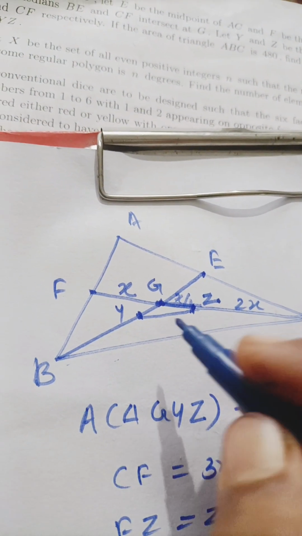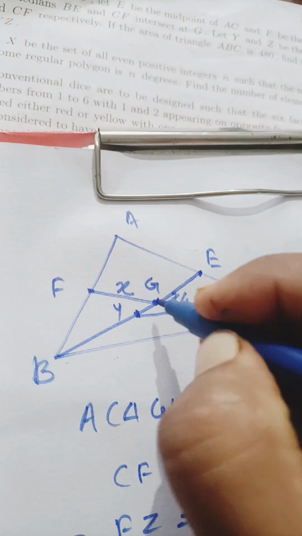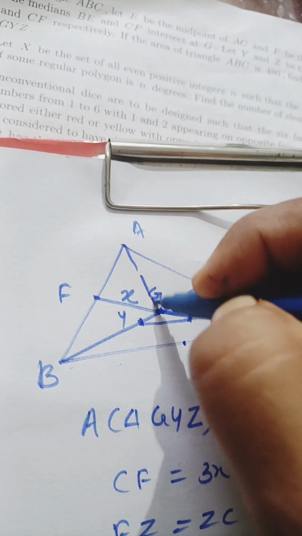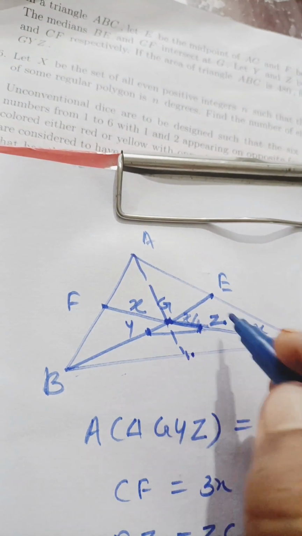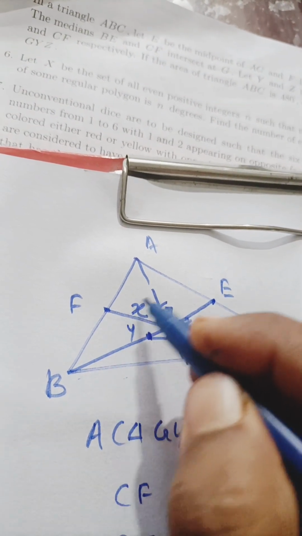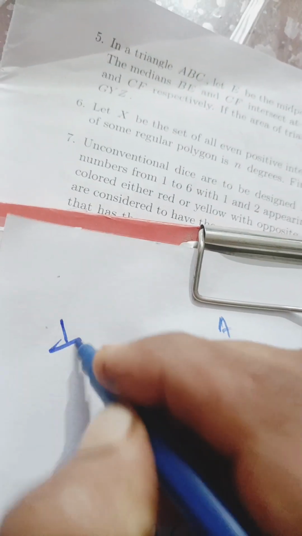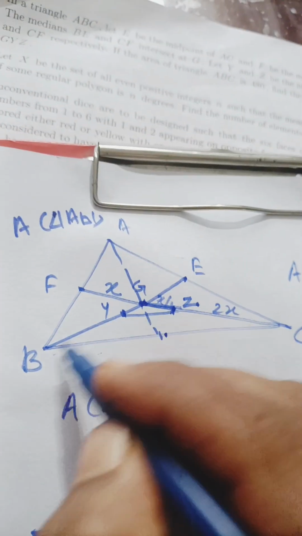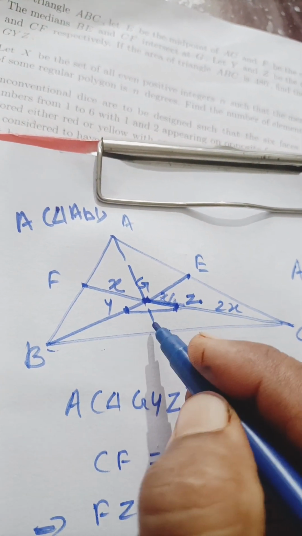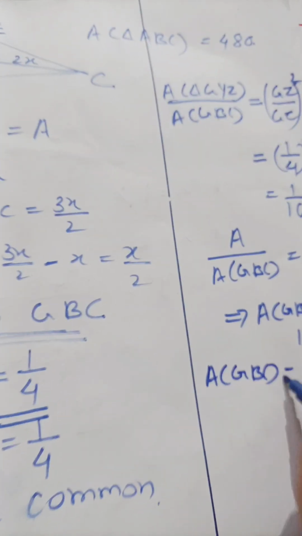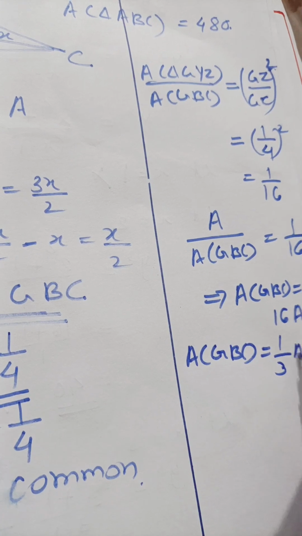In this way, if we draw all three medians, the original triangle divides into 6 equal parts. The area of all these small triangles is 1 by 6th of the area of the original triangle. And this GBC has 2 parts, so the area of GBC is 1/3 of the area of ABC.